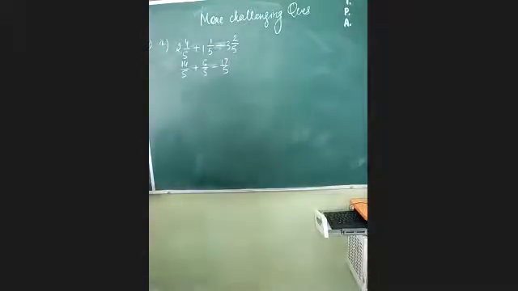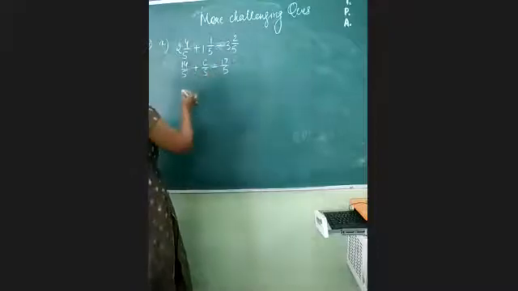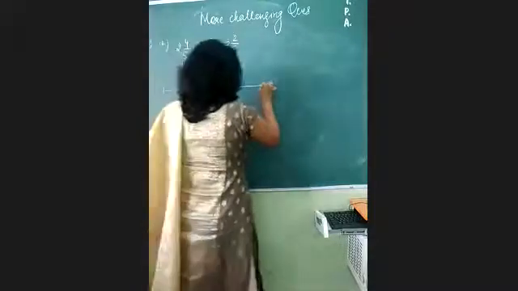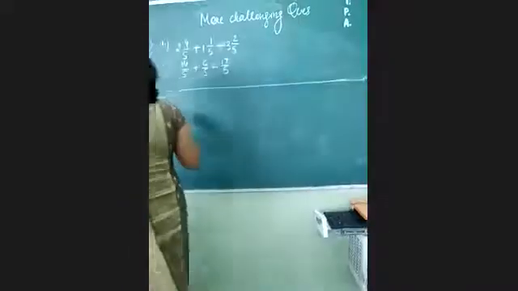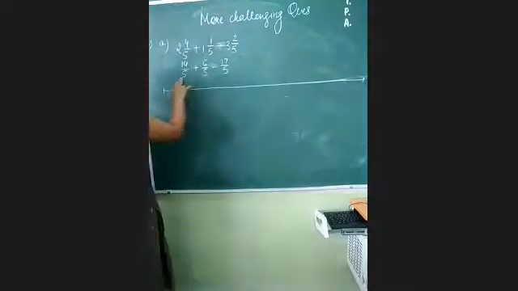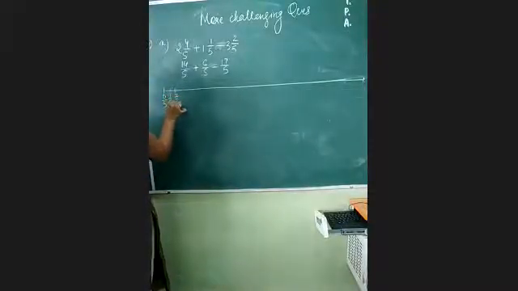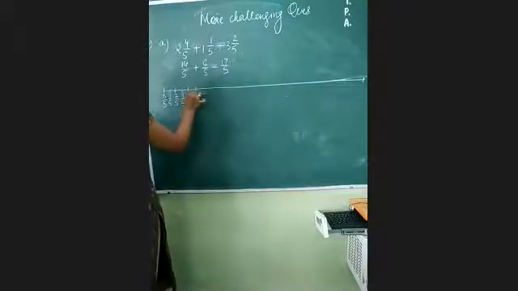This was minus. So you can see the numbers are very large: 14, 6, and 17. So let us draw the number line starting from 0. I am drawing this number line here. Okay? And you know that it is in fifths. It means it will start with 0 upon 5. So 0 by 5, 1 by 5, 2 by 5. You also do it along with me. 3 by 5, 4 by 5, 5 by 5 means 1.